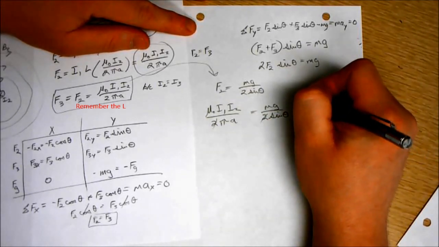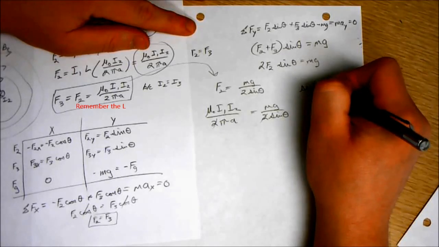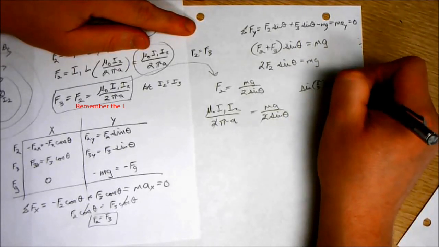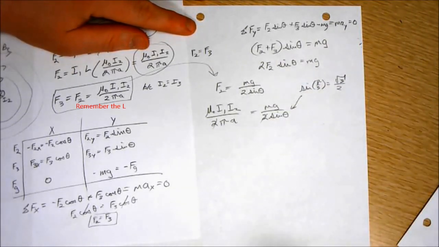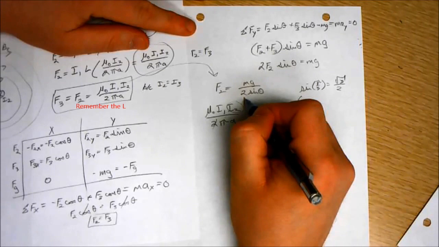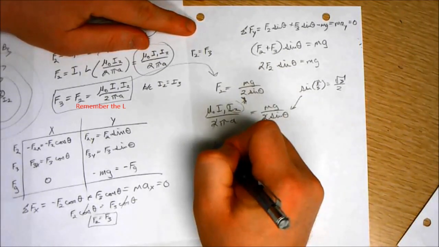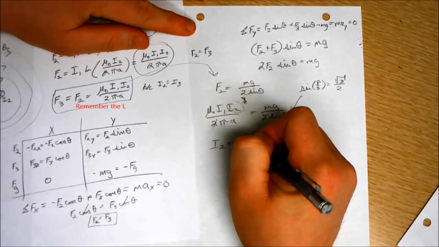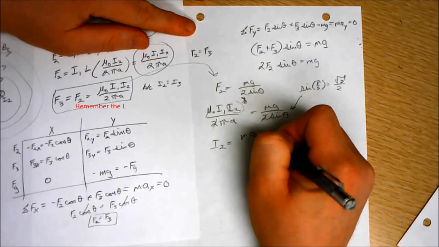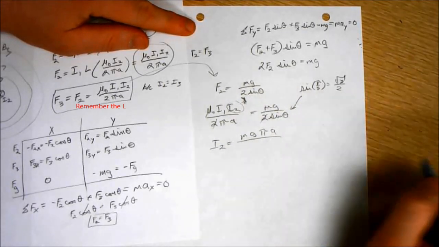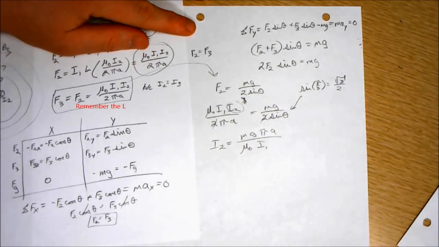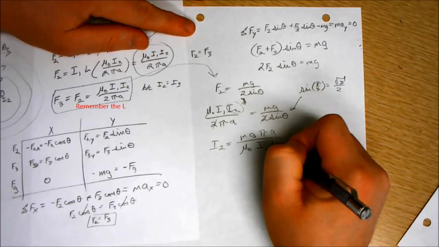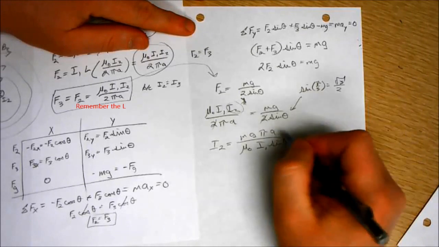Also, we know that sine of pi over 3 equals square root of 3 over 2, a nice angle. We can plug that in. So we're solving for I2. I2 equals mg pi a over mu naught I1 sine of theta. I'm going to rearrange things.